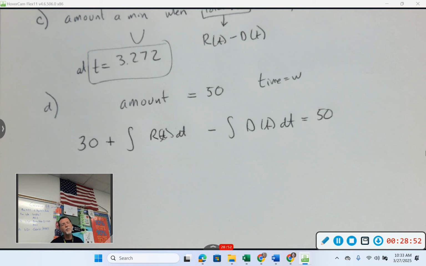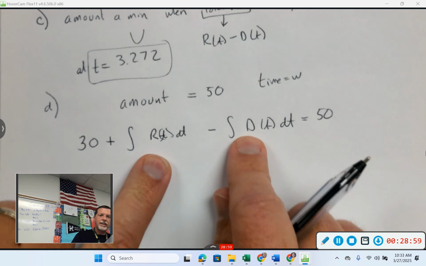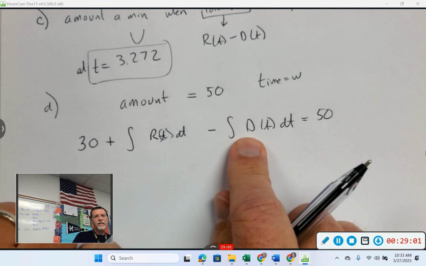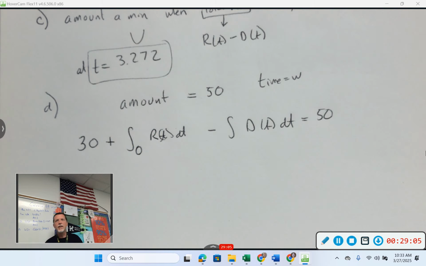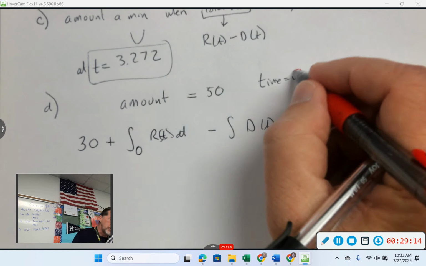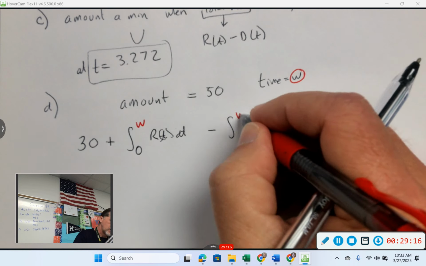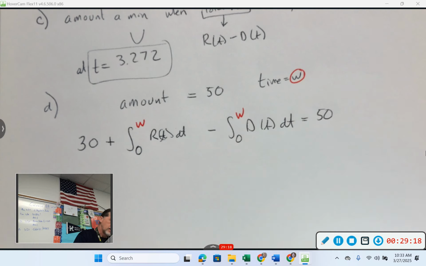That's probably enough for a point or two. I'm guessing that's a 3-point problem, that little piece of it. What do my limits need to be on R and D? 0 to, we don't know, so that's where we'll use the W. And I couldn't solve that, but that's okay.